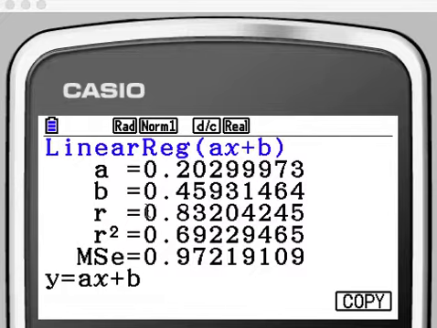Remember from previous discussions that an R value of 1 is a perfect linear relationship, and an R value of 0 shows absolutely no relationship at all, no correlation between the two variables.